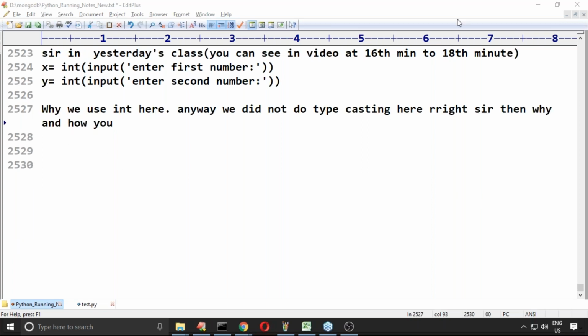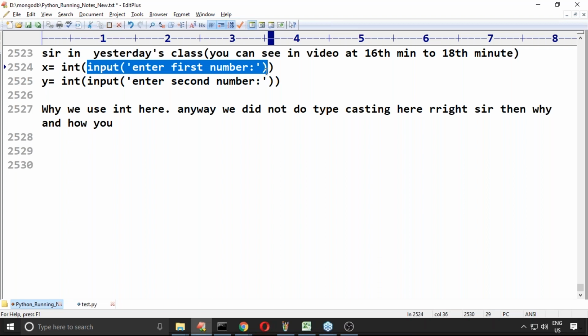In the last video, for x and y you are using typecast. Here just observe that we did not typecast. This is what typecasting is: converting string to int type.